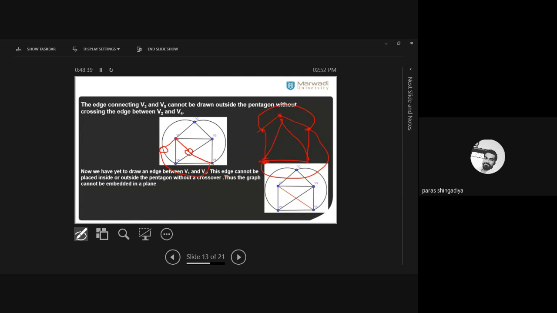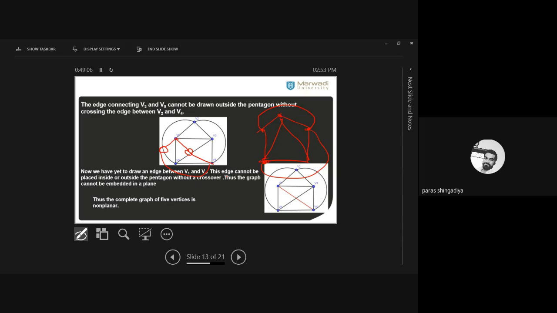Thus embedding is not possible in K5. Therefore the conclusion is that the complete graph with 5 vertices is a non-planar graph. Okay, that is the first theorem of this unit.